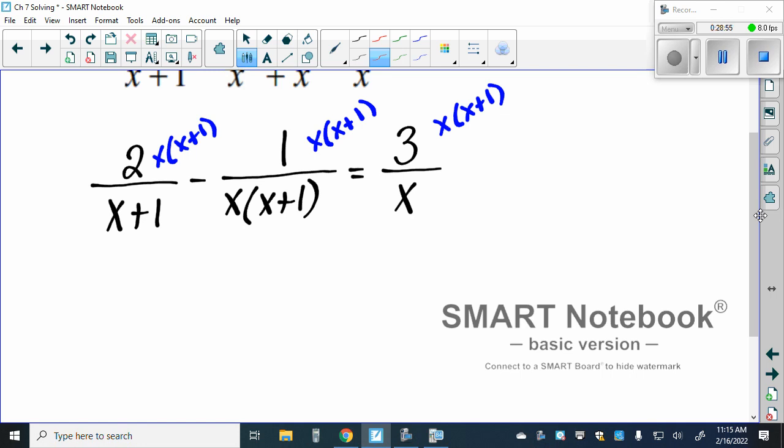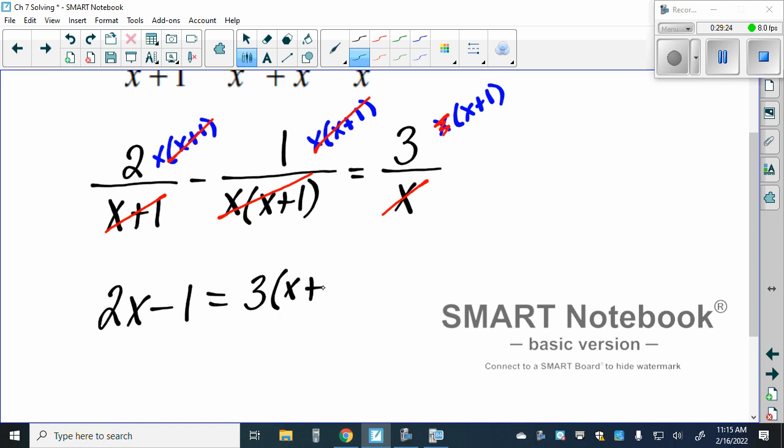Well, here, the x plus 1 and x plus 1 would cancel. Here, the x times x plus 1 would cancel with the x times x plus 1. Over here, the x and x would cancel. So let's see what it simplifies to. The first term is going to be -1 is equal to 3 times x plus 1.